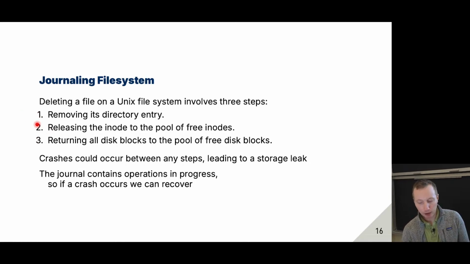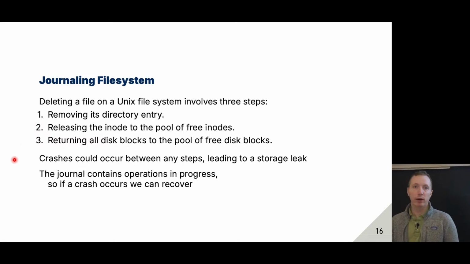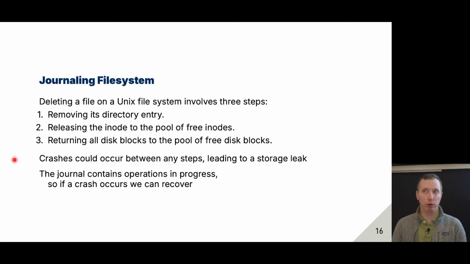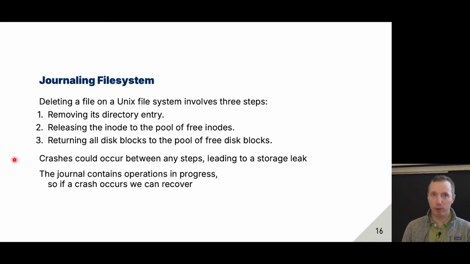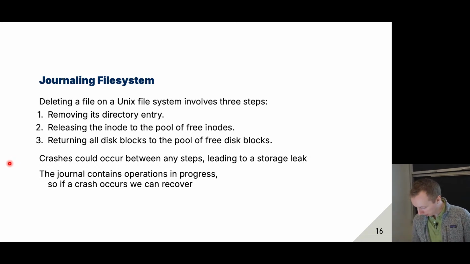So if I crash between any of these steps and I haven't checked that off my to-do list, whenever you plug in power the next time and boot up your computer, it's going to check that to-do list, or journal, and be like, oh, okay, I was in the middle of deleting this file. I crashed halfway through it, so I can retrace my steps and figure out what's inconsistent about it, then finish and clean it up correctly, check it off my to-do list, and actually recover.